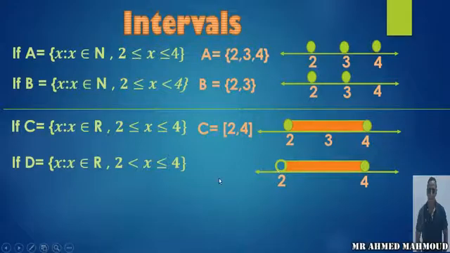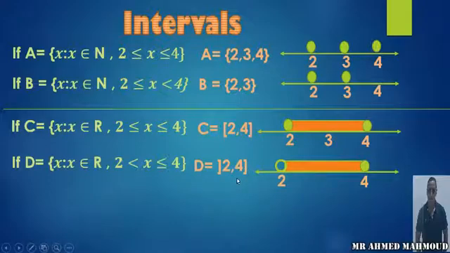It will be represented in the form of interval like this. 2 and 4 are the start and the end, or the limits of the interval, and here the bracket faces outside the interval because 2 does not exist and 2 is an open circle. Then the direction of the bracket at 2 will be outside the interval, but 4 exists. Then the bracket will face to 4, or inside the interval.